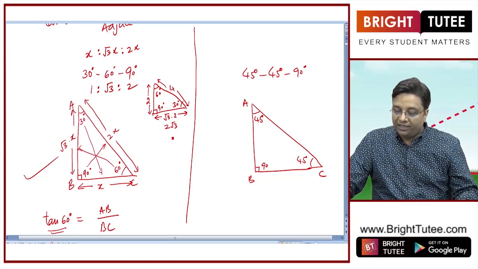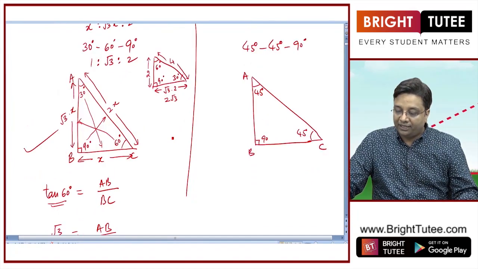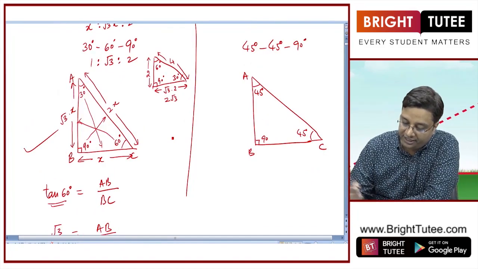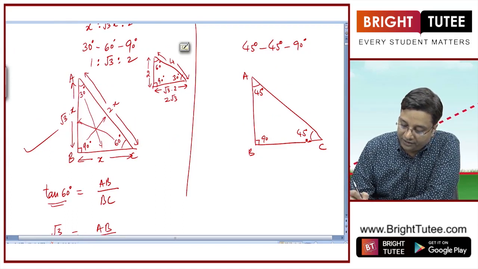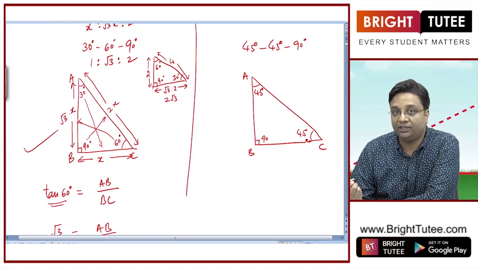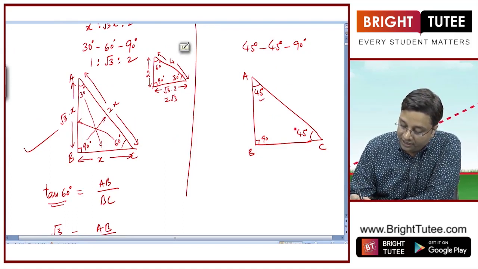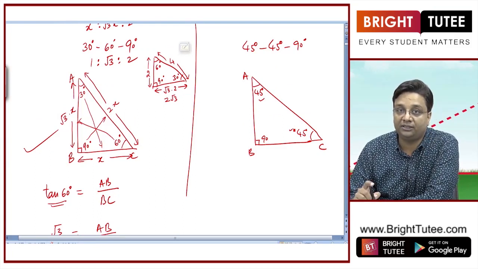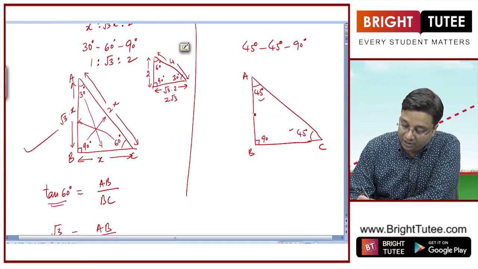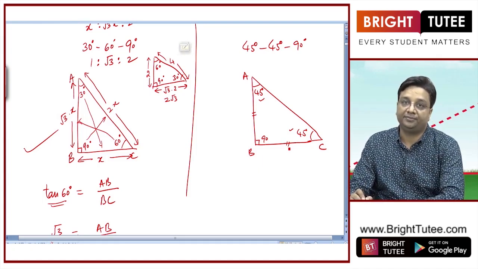And similarly, in a 45, 45, 90 triangle, what we can say is, see, a 45, 45, 90 triangle is essentially an isosceles triangle. These two angles are equal, so the opposite sides to these angles are also equal. So, side AB is equal to side BC, right.